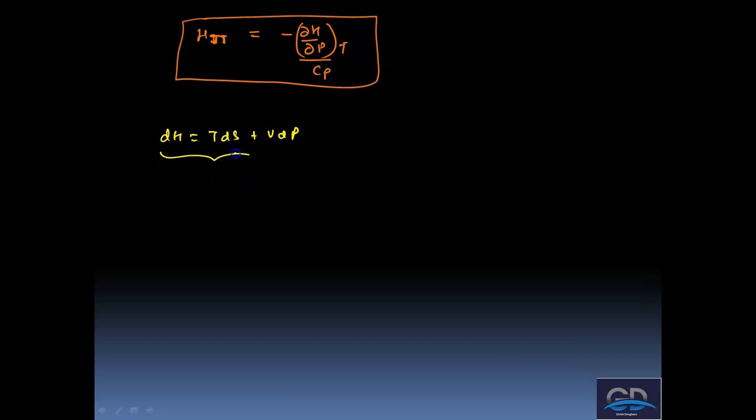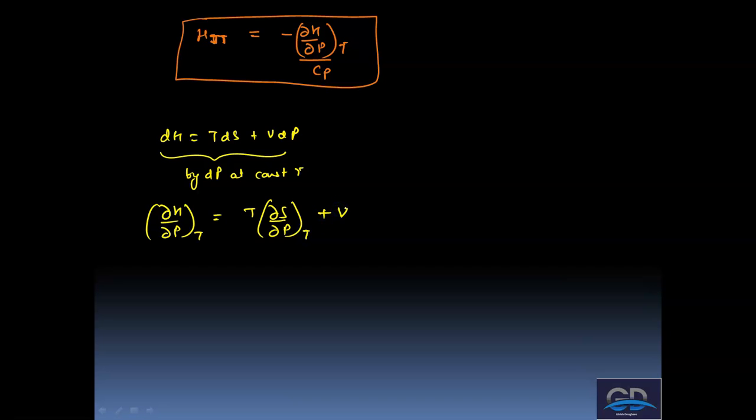So if I divide this expression by dP at constant T, I get del H by del P at constant T would be equal to T del S by del P at constant T plus V.